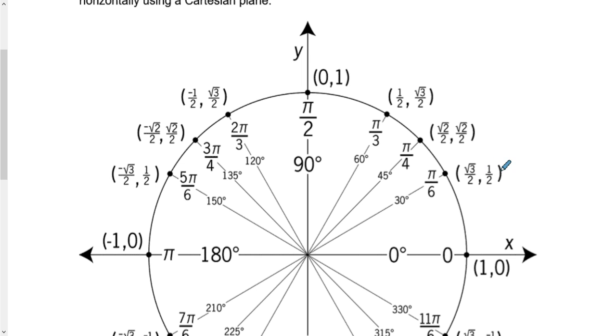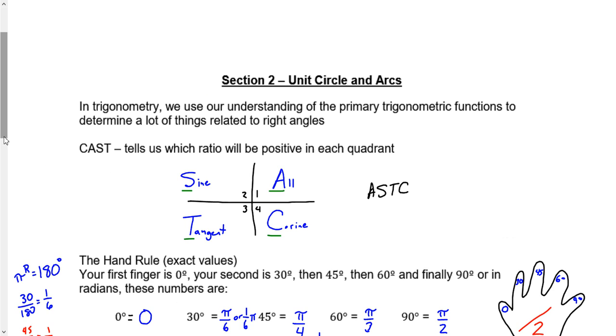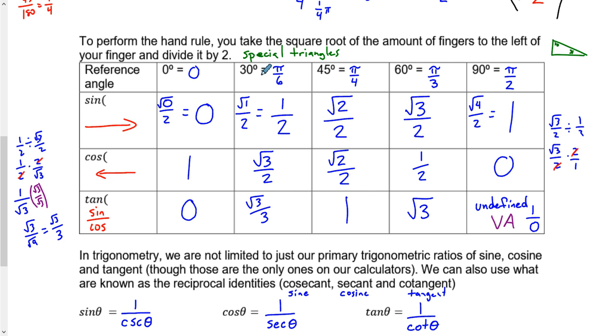So each and every single one of these coordinates are written as, again, cosine comma sine. If we look at 30 degrees, and if we use our hand rule, or we just go back to our table, for 30 degrees, our cosine value is root 3 over 2, and our sine of 30 is 1/2.